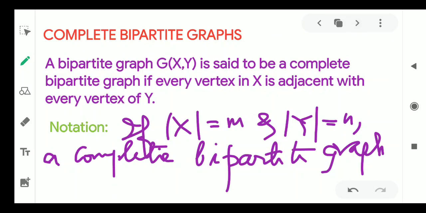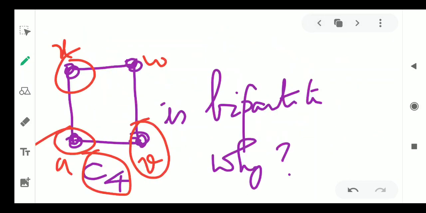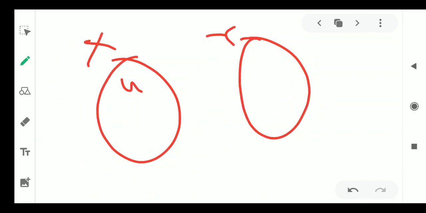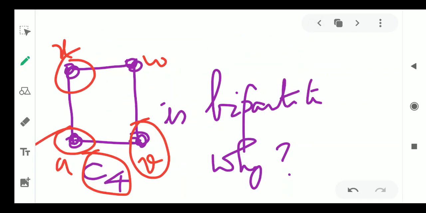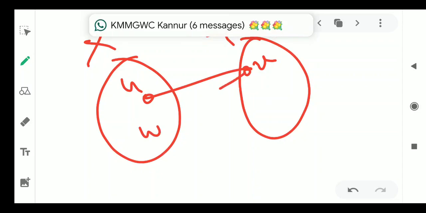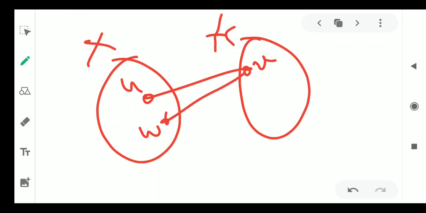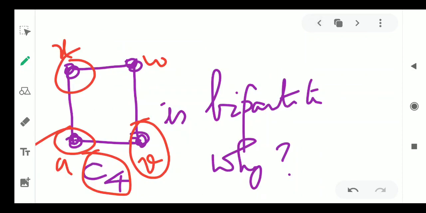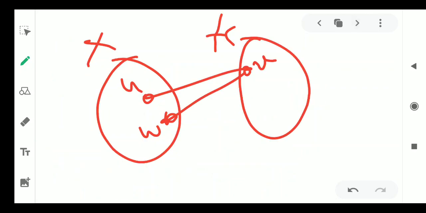Then I should keep V on the other side because there is an edge connecting U and V. Then I should keep W here because there is an edge connecting V and W. Now I should keep X on the other side. U is there, this is also there. So your graph is now this one.